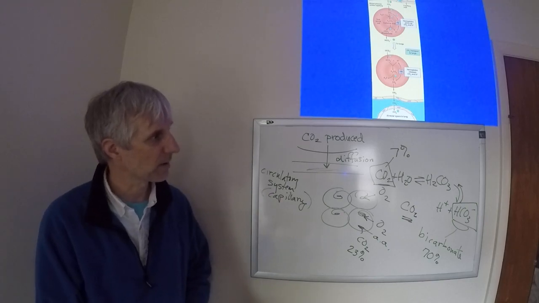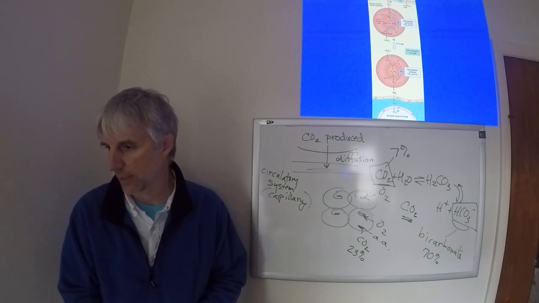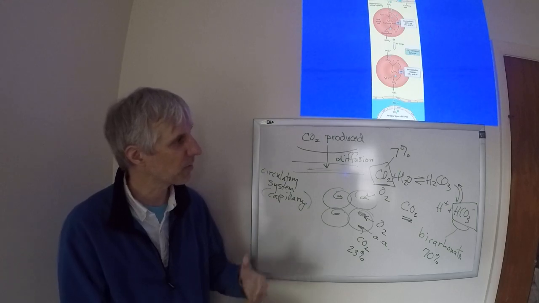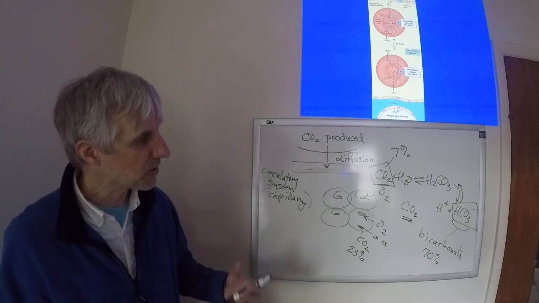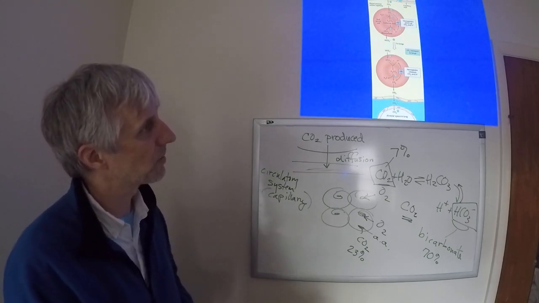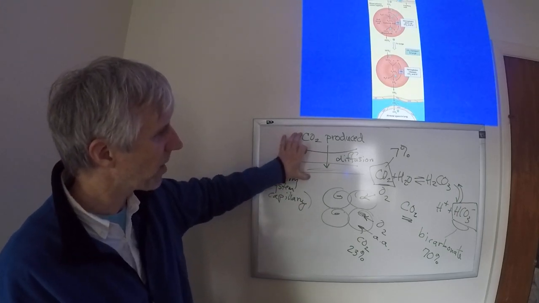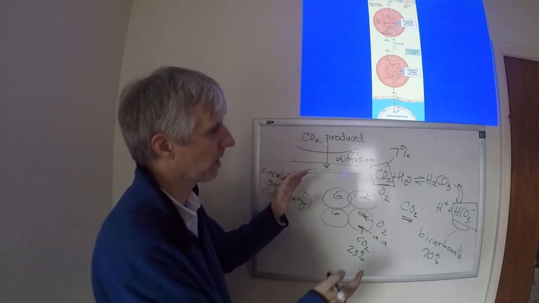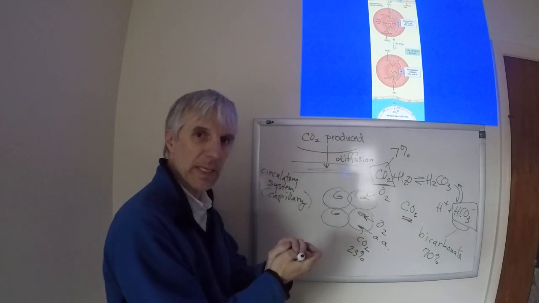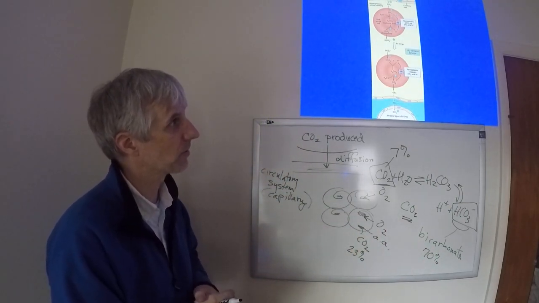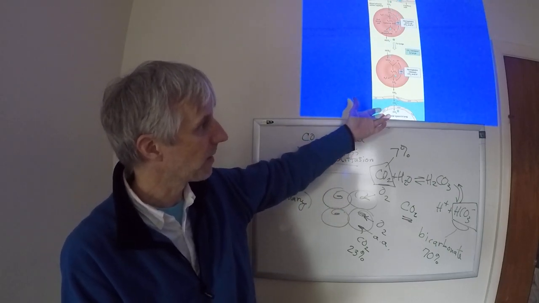That represents about 7%. Okay, so about 7% of the CO2 in the circulatory system is carried as CO2 directly. Right, so where the CO2 is produced, all of this stuff is happening to get the CO2 into the circulatory system. Now we're at the lungs.